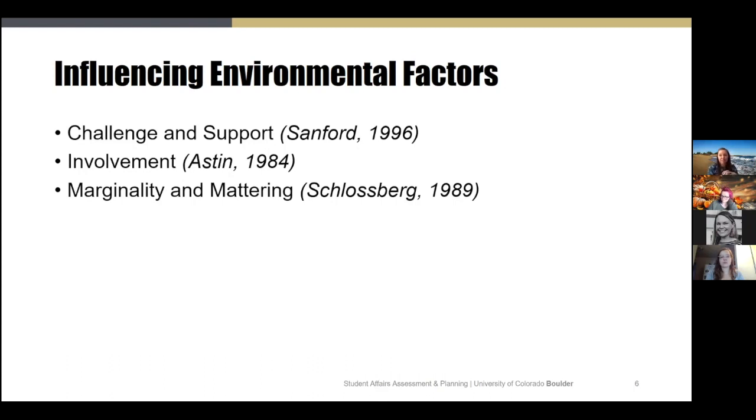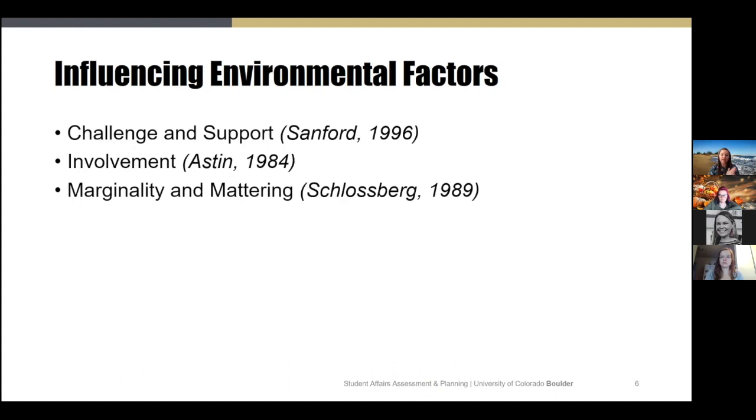Schlossberg's marginality and mattering. I really think this is a strong theory in and of itself and has, I think, come to light a lot more in recent years, especially with so much more emphasis on identity development and mental health and addressing those types of concerns with students.